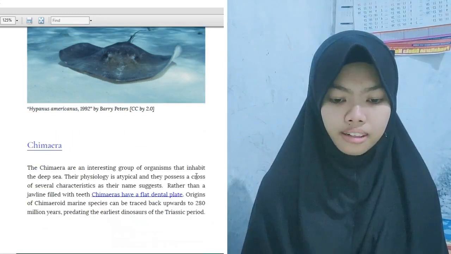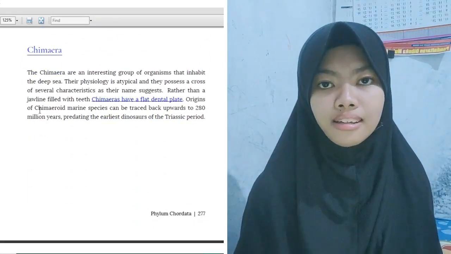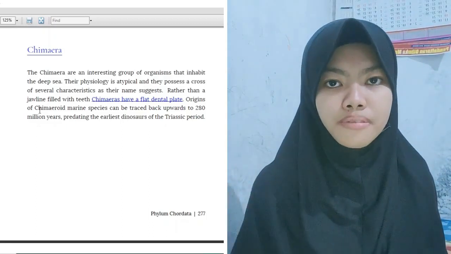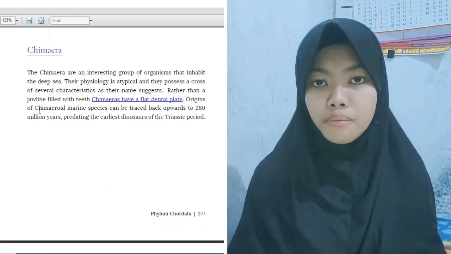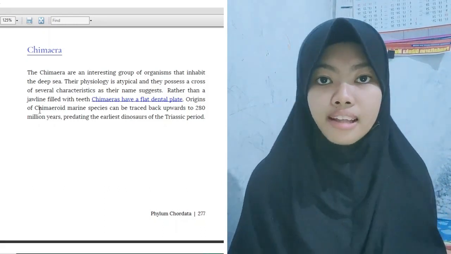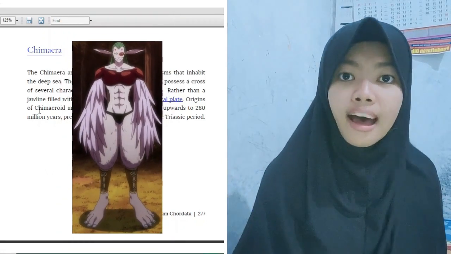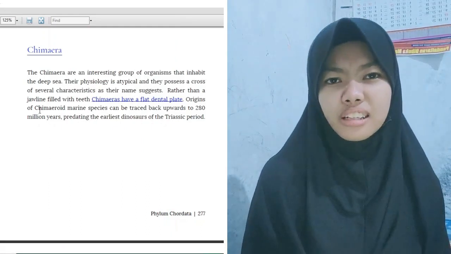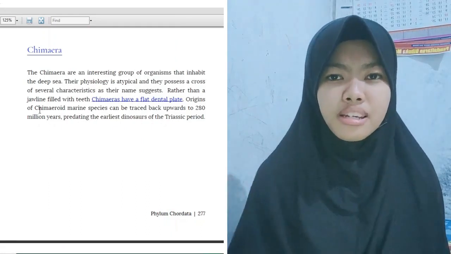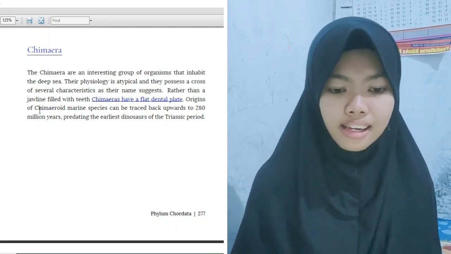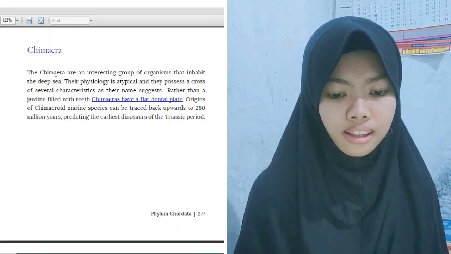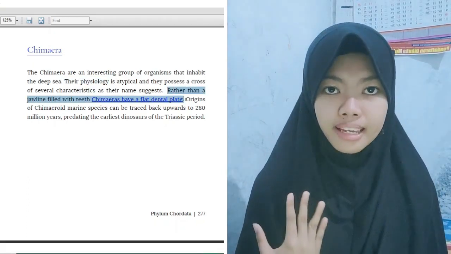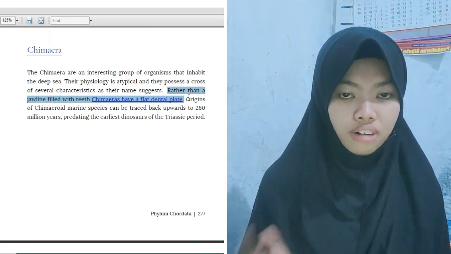This chimera. If I don't see the picture of the chimera here, I will assume that chimera is some kind of animal fusion, as I have read in stories like Hunter x Hunter, for example. And it is really gross, and I can't imagine that there is a fish like this, and the description is also weird, and at least for me it is not enough to describe a chimera.